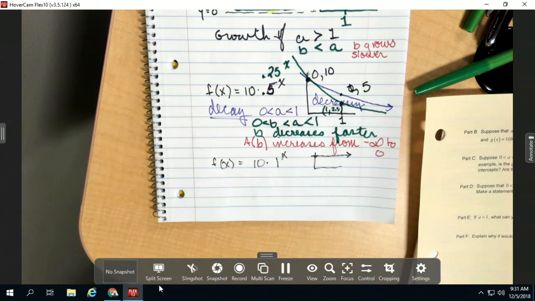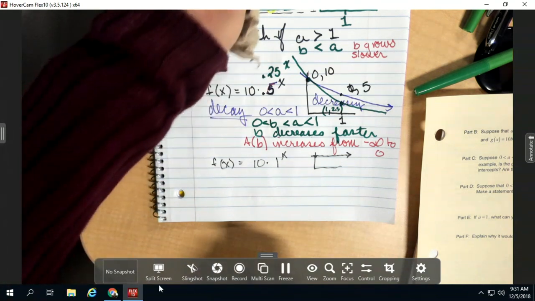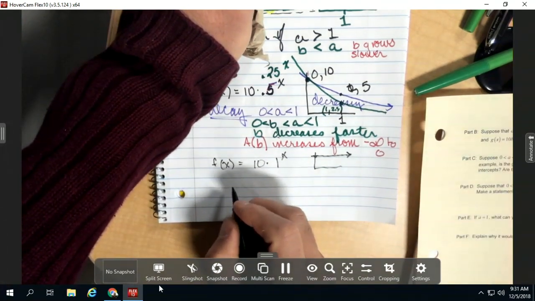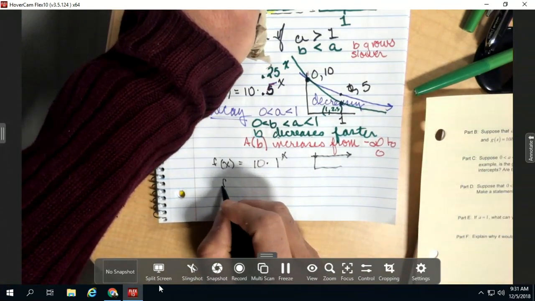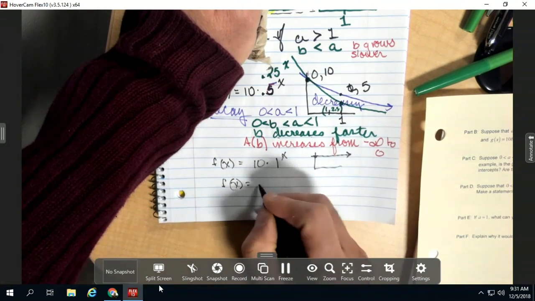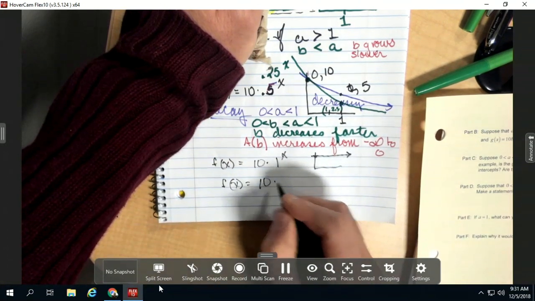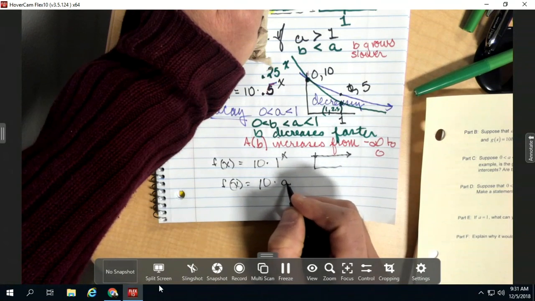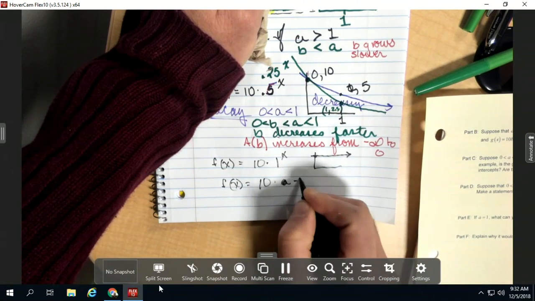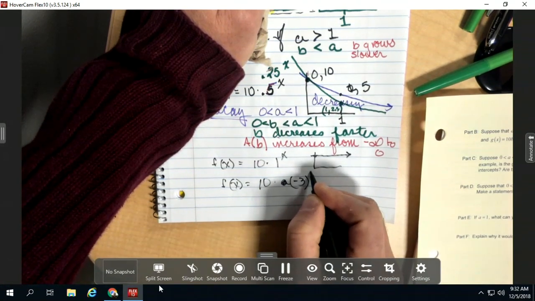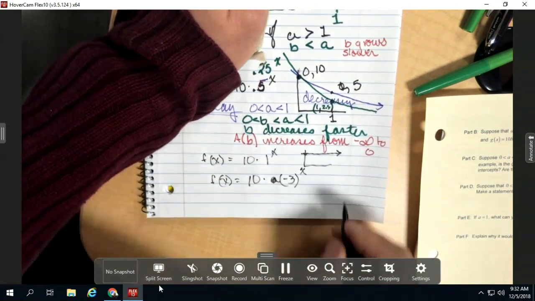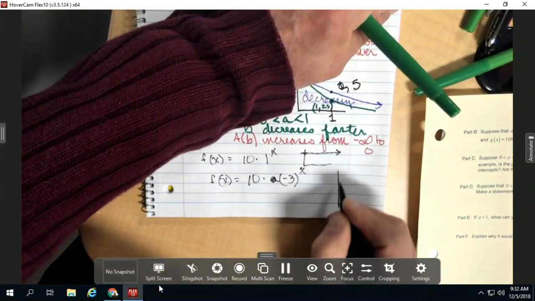Last one says, why is it difficult to have f of x equal 10 times, let's say, negative 3 to the x? Let's just make a table of values here.